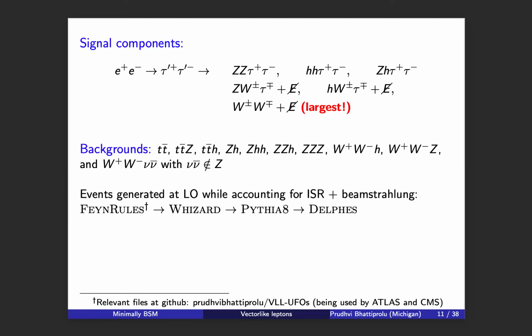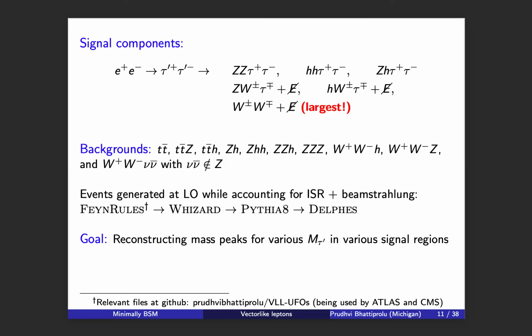We generated events at leading order while accounting for initial state radiation and beamstrahlung using the standard tools: FeynRules, MadGraph, Pythia, and Delphes for modeling the detector. The model files that we built are currently being used by both ATLAS and CMS to search for vector-like leptons, both doublets and singlets.